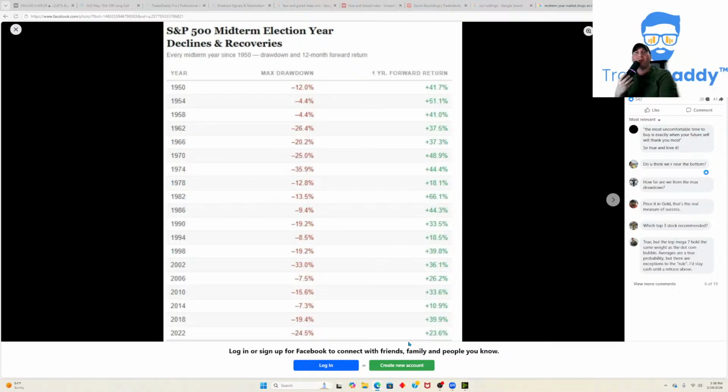Look at these, they're all like 30, 40, 50, 60%. 2018 was about 40%, and 2022 is 24%. Every single time the market drops during a midterm election year, it always comes back double-digit percentages stronger.